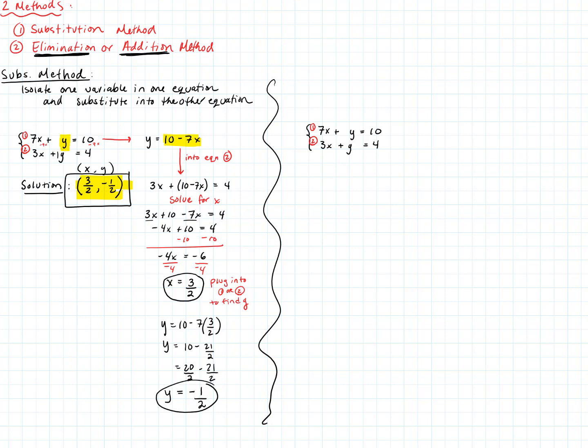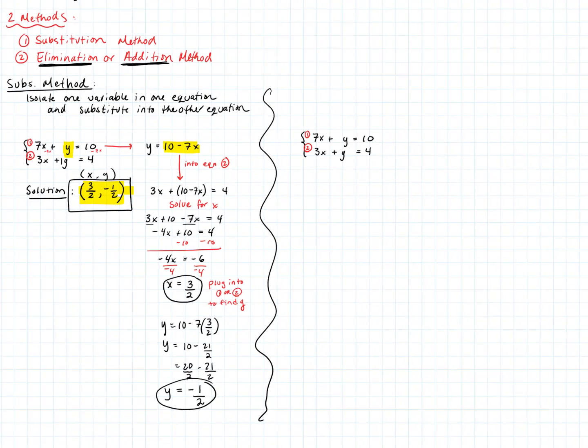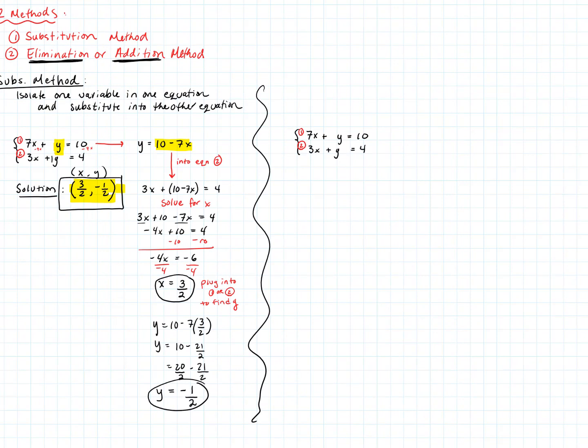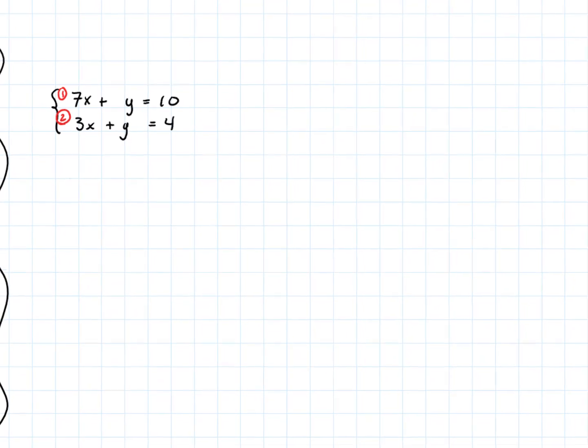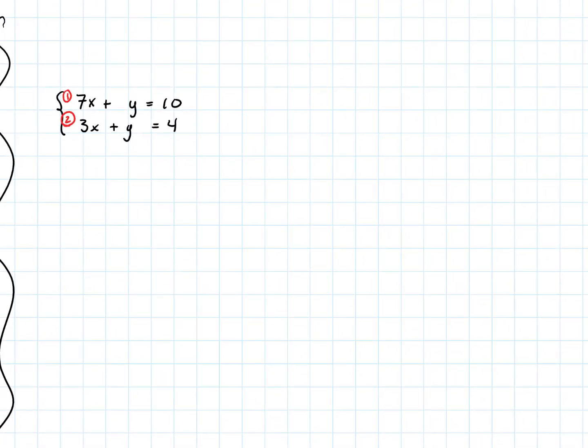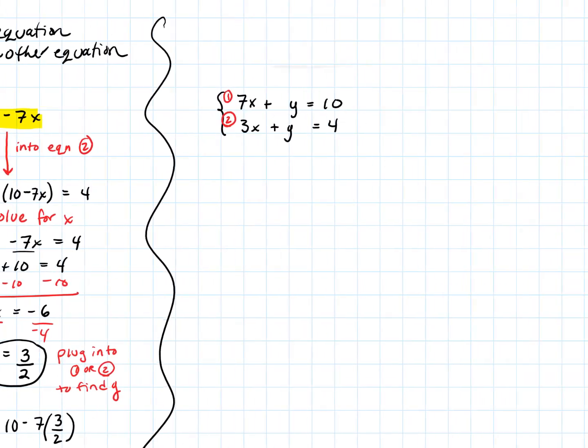So the process is sort of in those two words, elimination and addition. So let's go ahead and do the same problem. We'll get to the same answer, and you don't have to do these problems in both ways. I just want to show it on this video, the two options. And then when you come across a system of equations, you pick which method you want to use. So we did the substitution method.